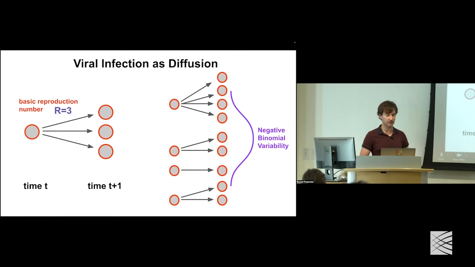One person might infect 2 people, another person might infect 4 people, and that inherent noise is something we want to explicitly take into account. Also, we're going to assume that there's a basic reproduction number denoted by R. So if R is 3, then R is the mean number of individuals I expect an infected individual to infect at the next time step. That's the basic epidemiological model that we'll be using.